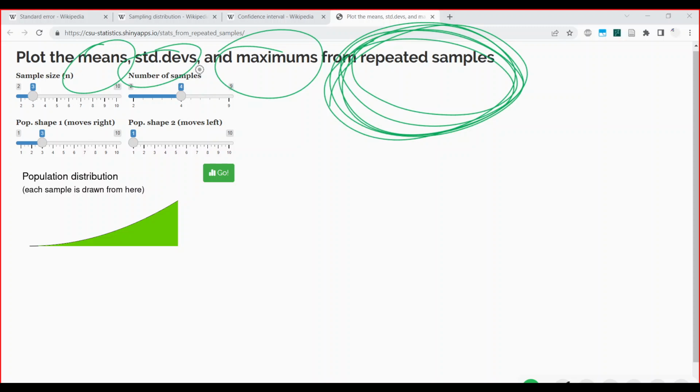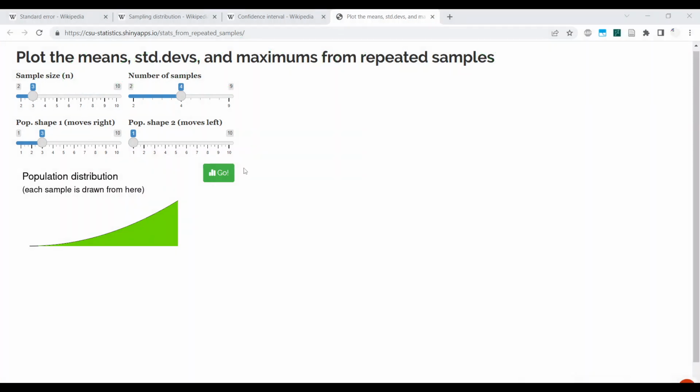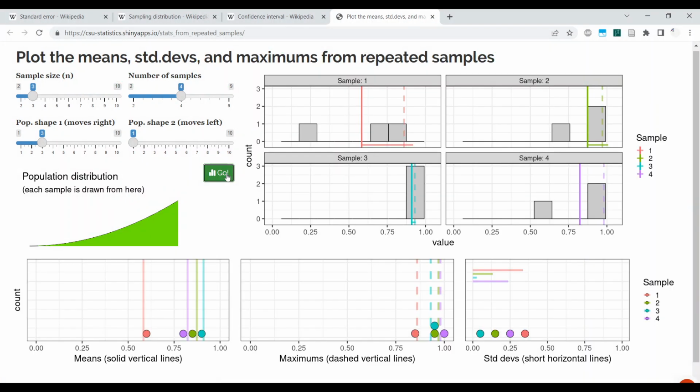And the idea is to see how the results of that analysis behave overall.